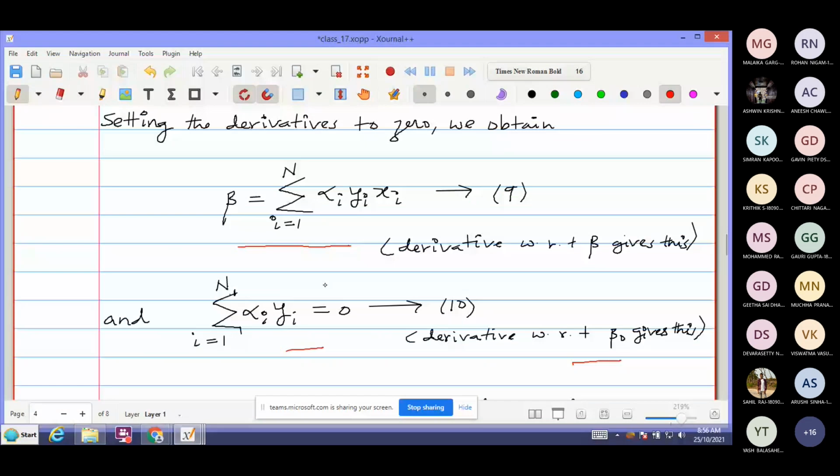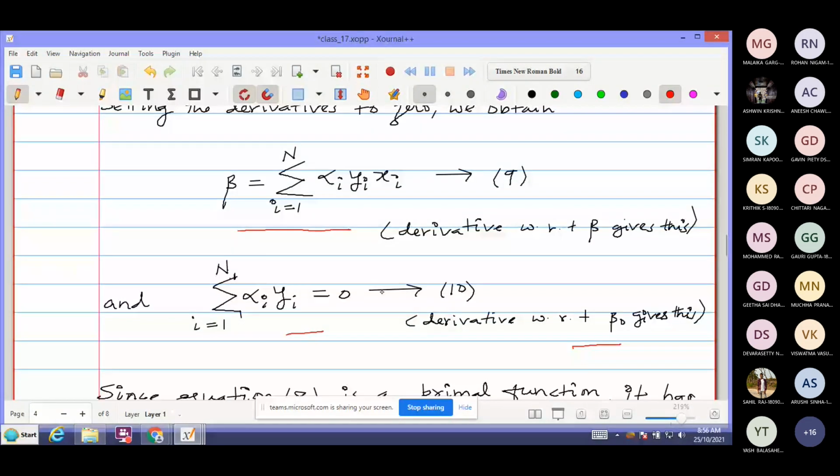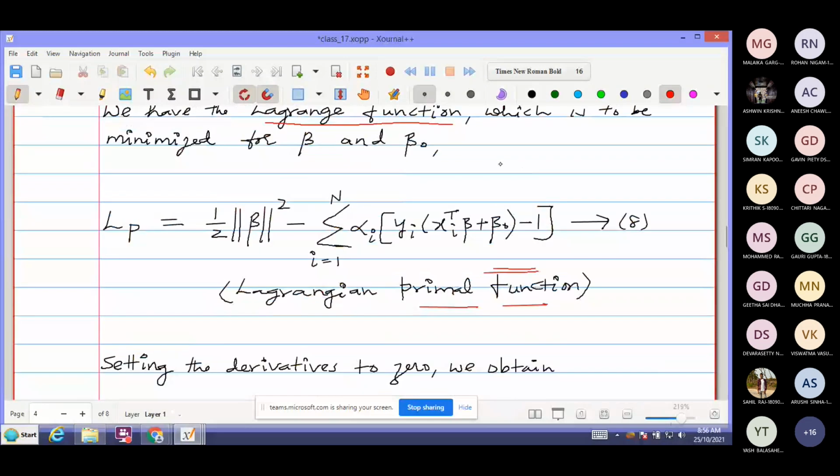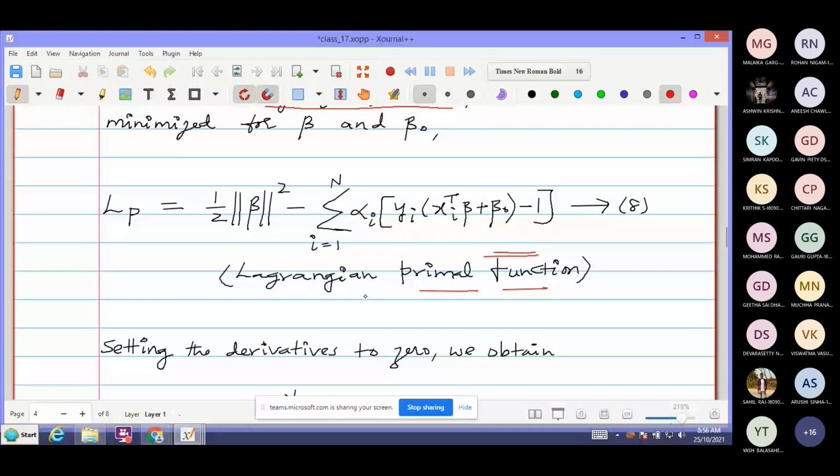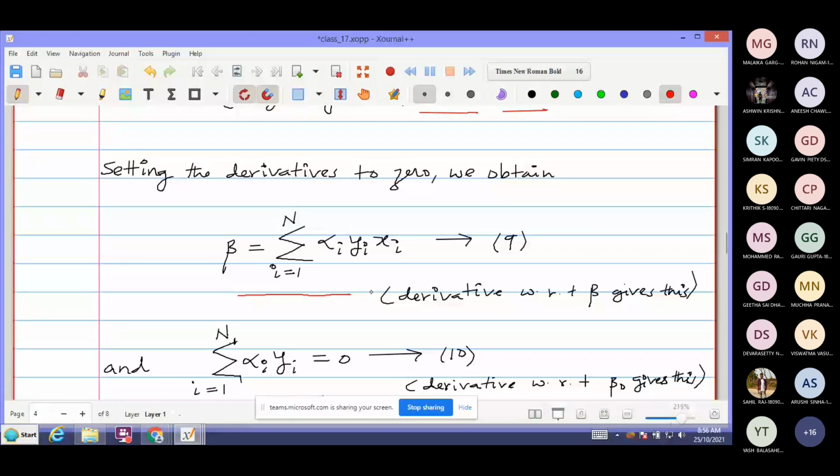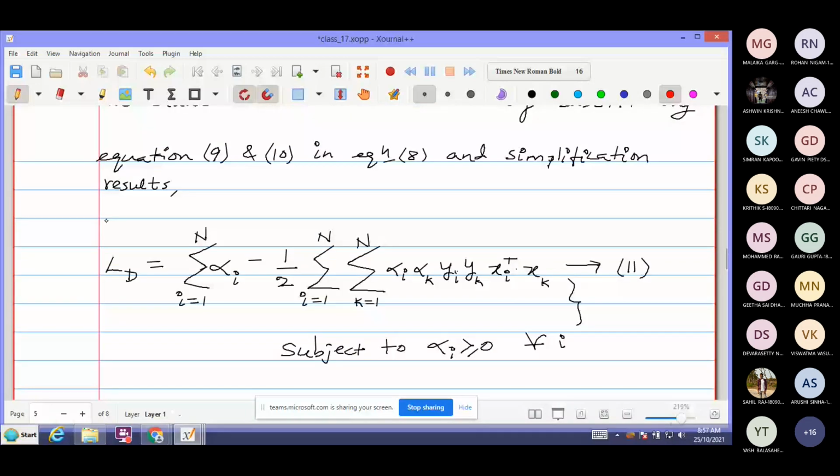Now substituting the values from equations 9 and 10 in equation 8, if you elaborate and substitute, you will get a solution which we call the dual, the Lagrangian dual function. LD it is denoted as.